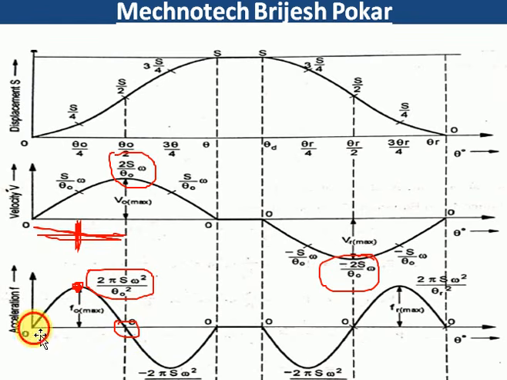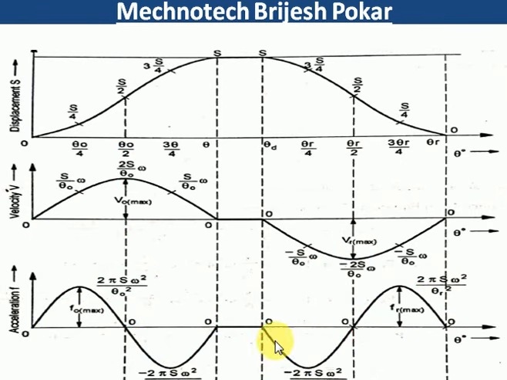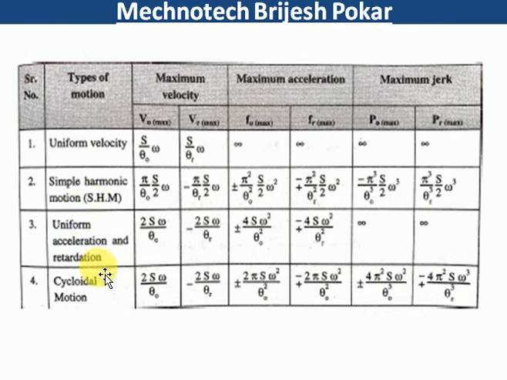So this is for the raise period, this is for the return period, and this is the center, and this is in between, the half portion of the center part. So by this way you can know the displacement, velocity and acceleration.